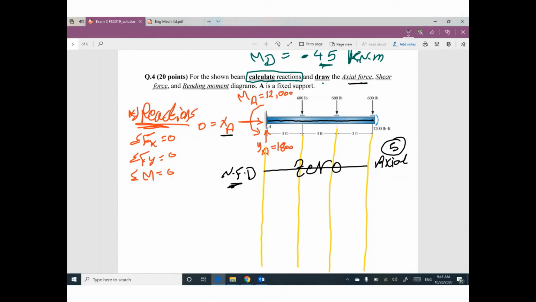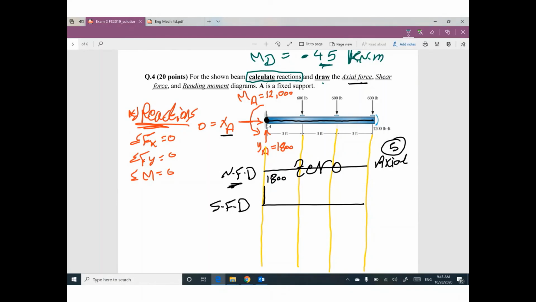Be careful. The second diagram is the shear force diagram. I will go up if the force goes up, and I will go down if the force goes down. But I have to start from the left. What do we have at the left? We have a force of 1,800 up, so I went up 1,800.